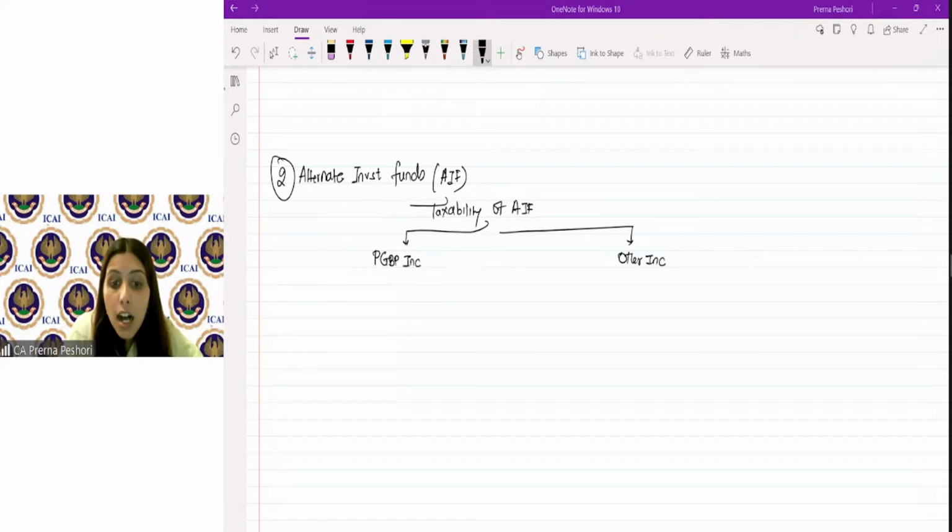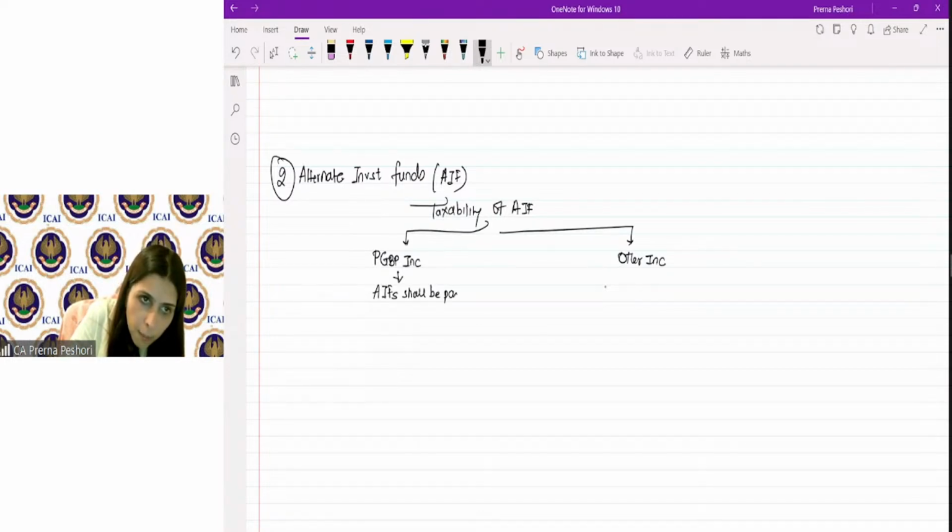In case the income is other than the PGBP, then that income shall be taxable in the hands of the investment fund. And if it is PGBP, then this shall be exempt at the fund level and will be taxable in the hands of the unit holder. So for the PGBP income, AIFs shall be passed through.